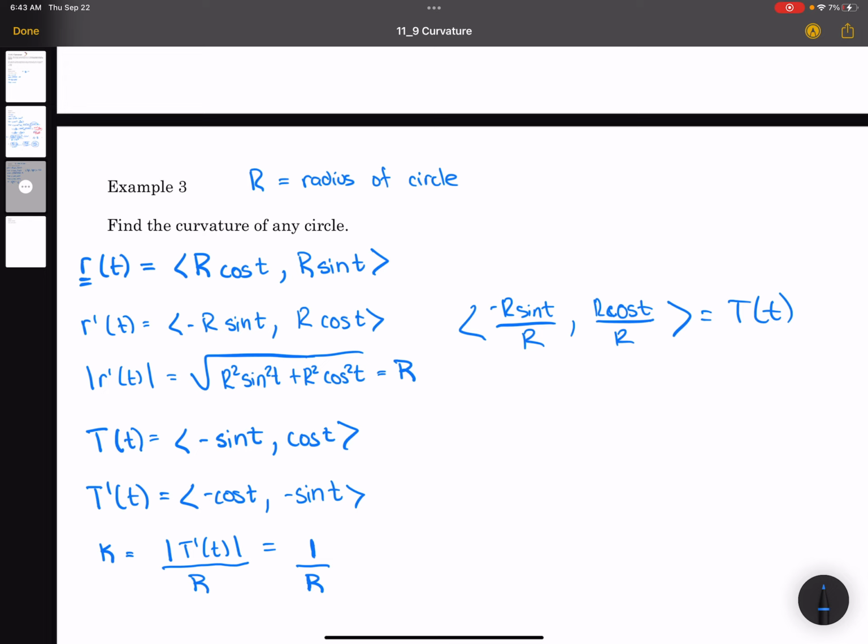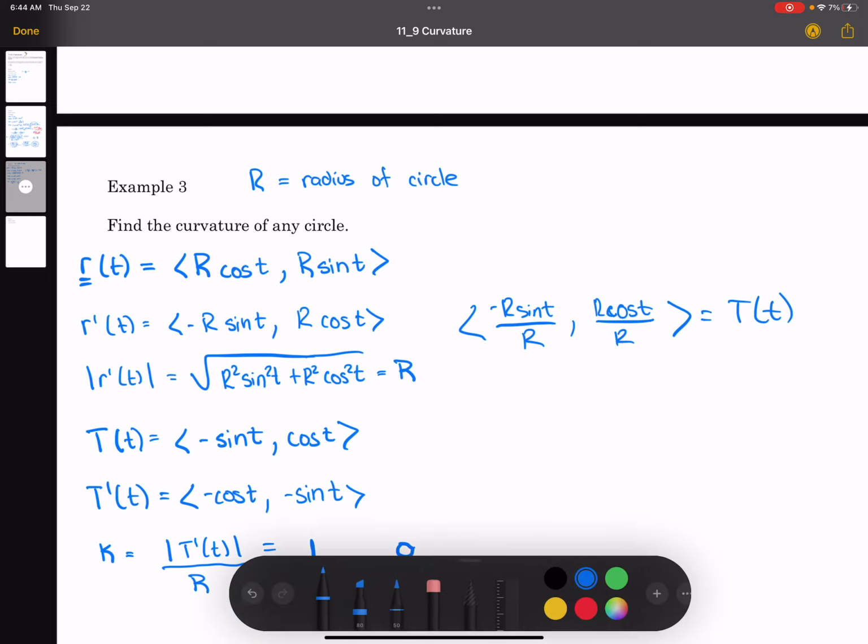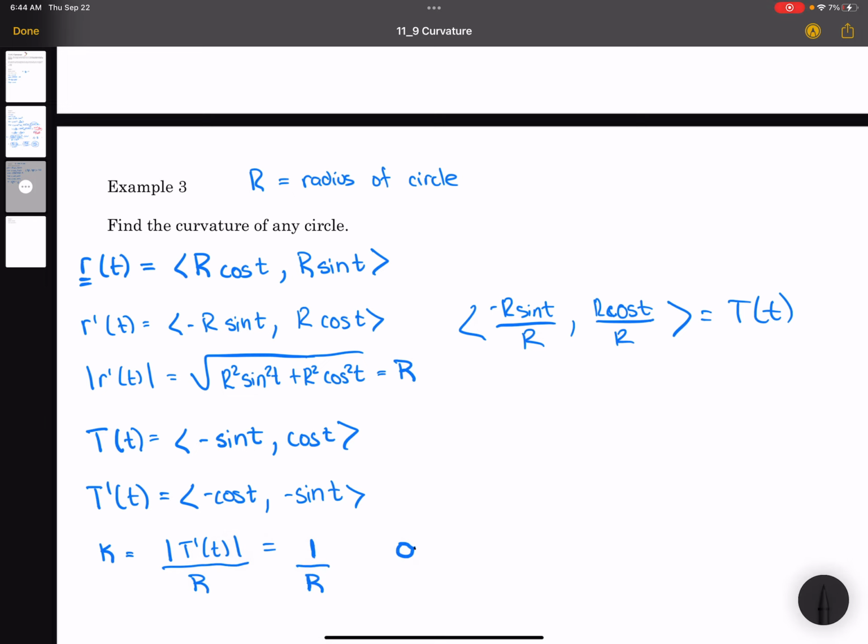And it makes sense that as the circle gets larger, the rate of change of the unit tangent vector should get smaller, because you're making the circle flatter and flatter as you make it larger. So a circle of this size is going to have a lot of curvature because you have to bend a lot as you move around it. If we put a unit vector here and another unit vector here, even though the curvature is constant, it's sharper because the circle is smaller.